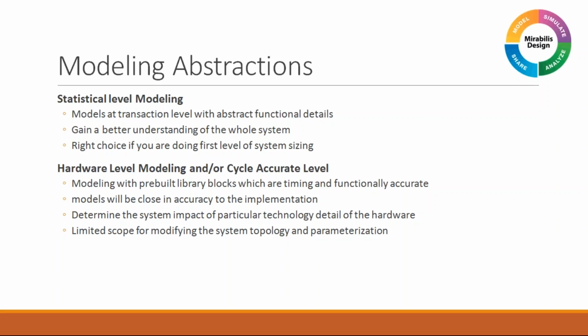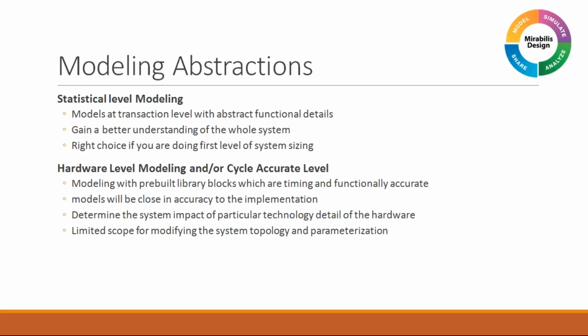And the other approach, which in this webinar I have combined together, is hardware level modeling and cycle rate level modeling. So if we are looking at the level of an SoC or a network on chip or things like that, we would combine these two abstractions together. The reason is we provide the modeling IP library blocks for hardware blocks, and all these libraries are cycle rate, which means these two levels are exactly the same in our case.